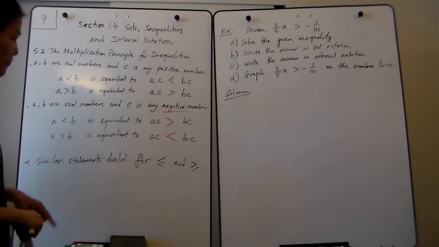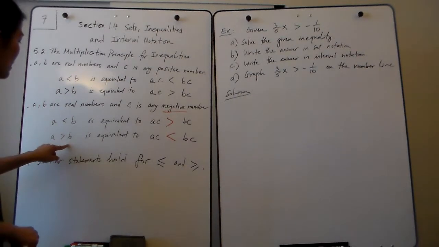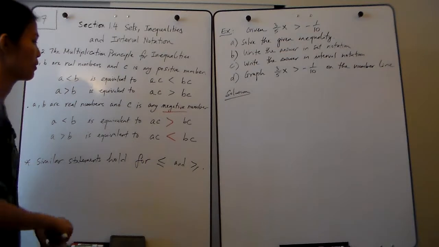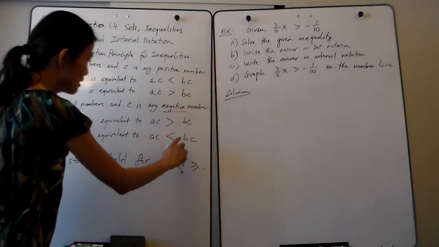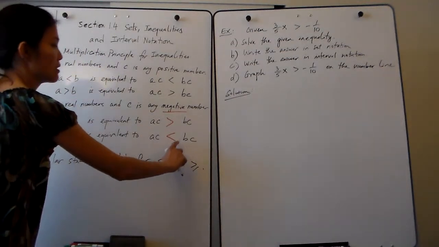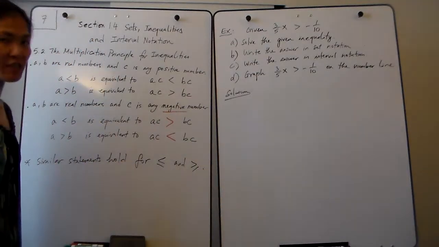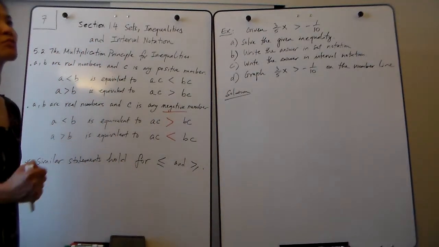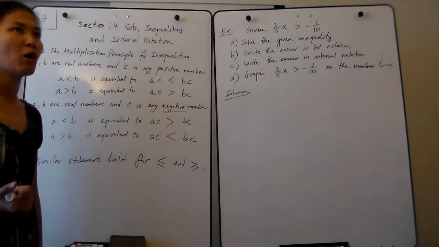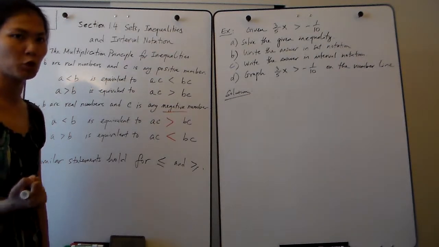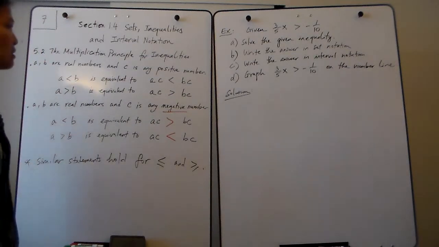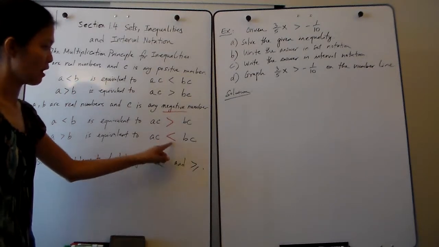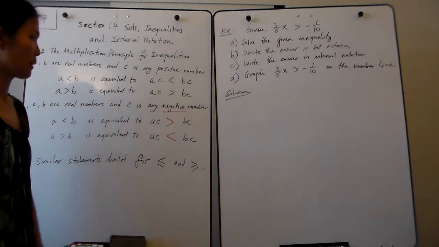Similarly, A greater than B is equivalent to A times C less than B times C if C is negative. Another way of saying it is that if you multiply an inequality by a negative number, make sure to reverse the inequality symbol.